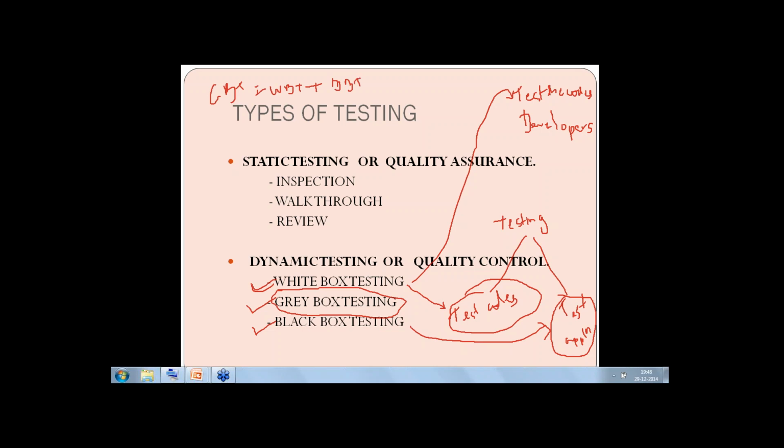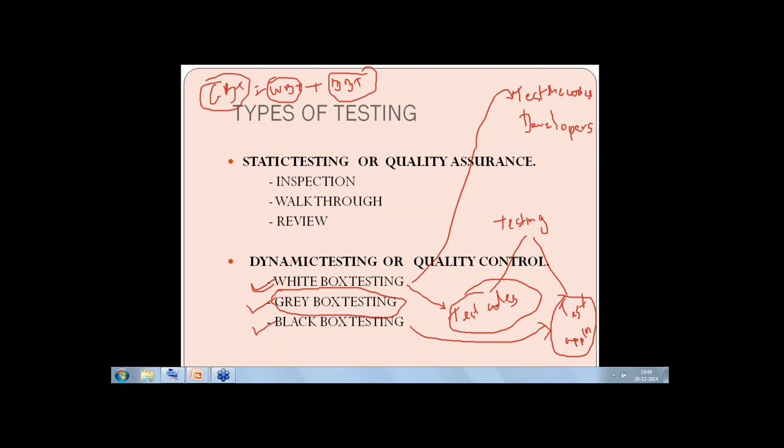So a person who can basically understand usage of the application. So a person who can use a Gmail application, for example, and the same person who understands the codes of the Gmail application, okay, would be called a gray box tester.